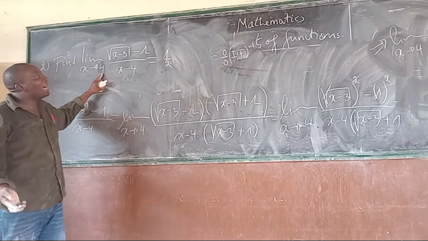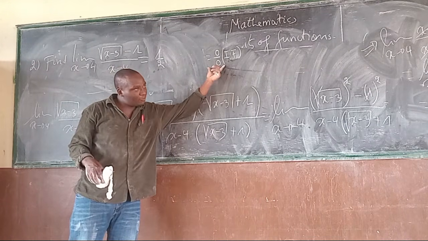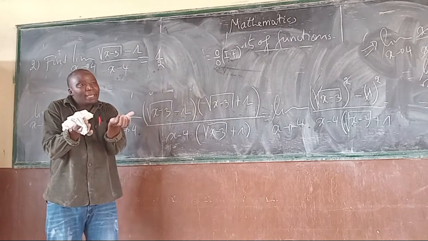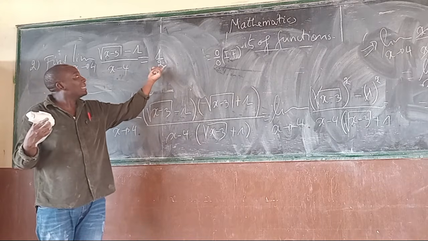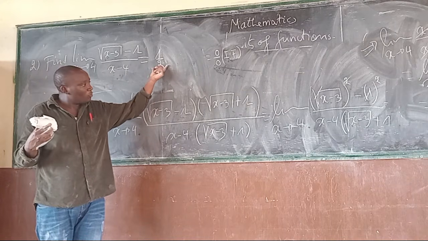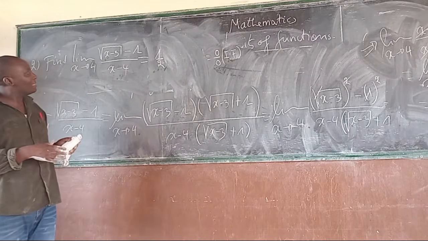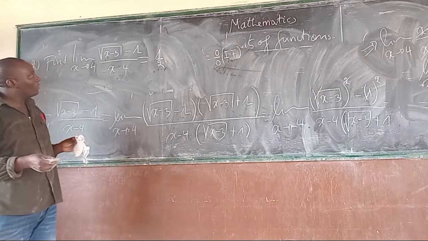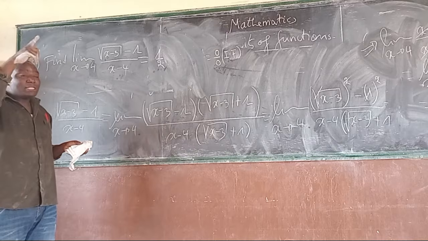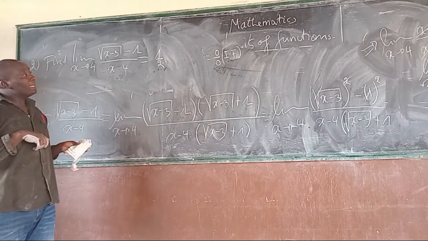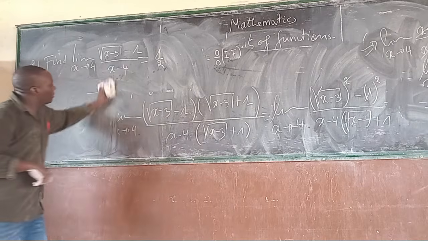Teachers, clearly, as you see, I met a barrier of indeterminate form, and I found the way of rejecting that barrier so that I can get the clear value of our given function. Is it very clear and simple for the case of indeterminate form of 0 out of 0? Then we are going to deal with the second case of indeterminate form.